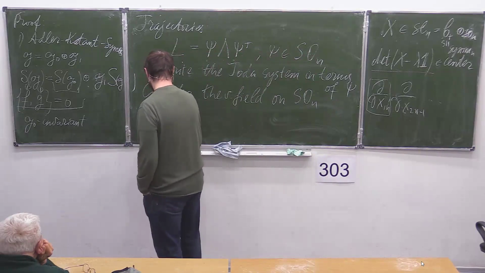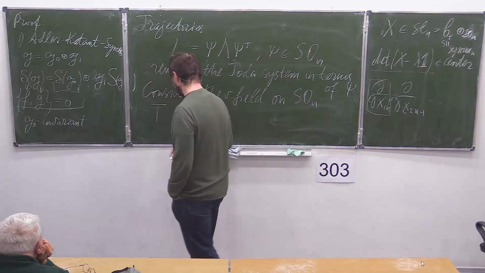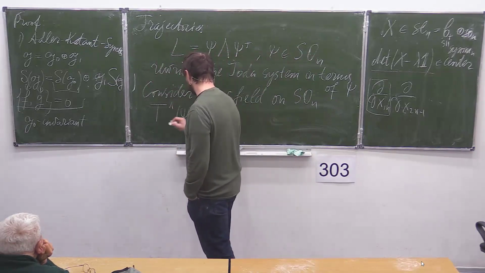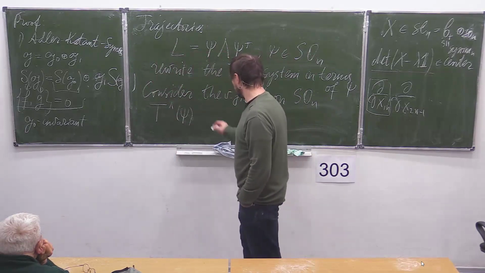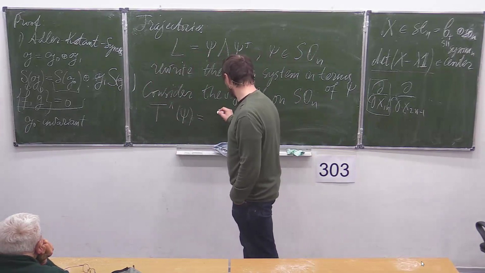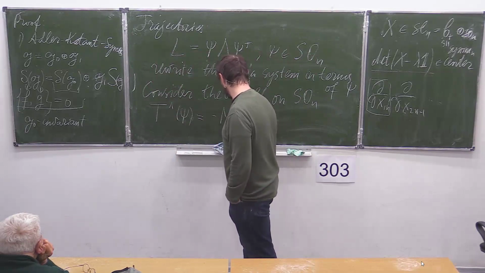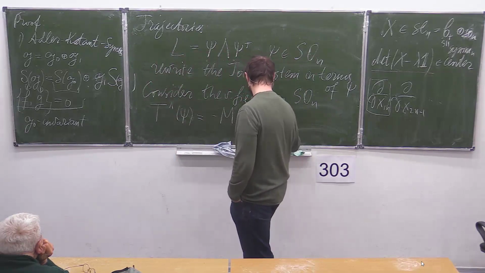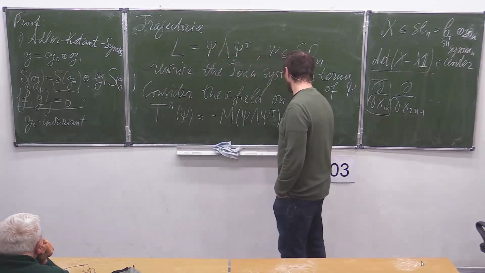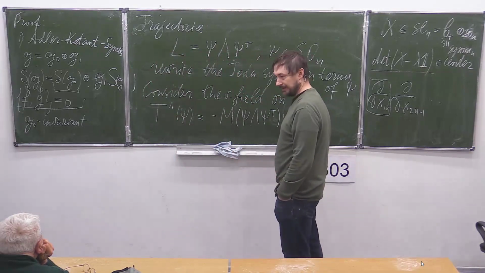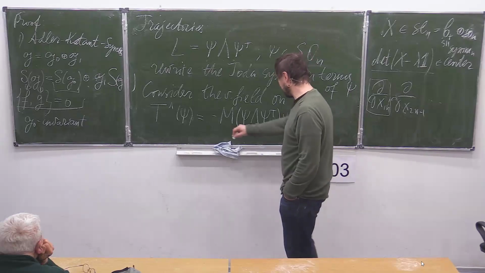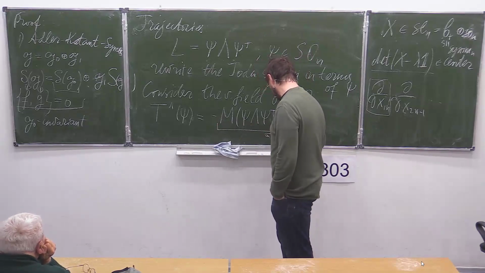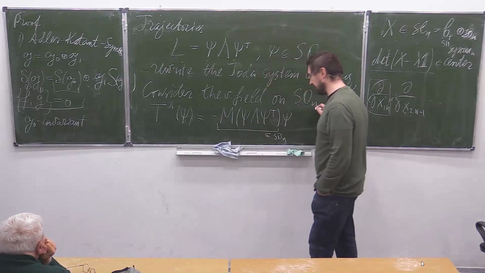I will denote this vector field by T lambda of psi, and it will be equal to the following thing. I take minus m of psi lambda psi transposed, and multiply by psi. So this is a vector field. This is an antisymmetric matrix, an element in the Lie algebra of the Lie group SON.